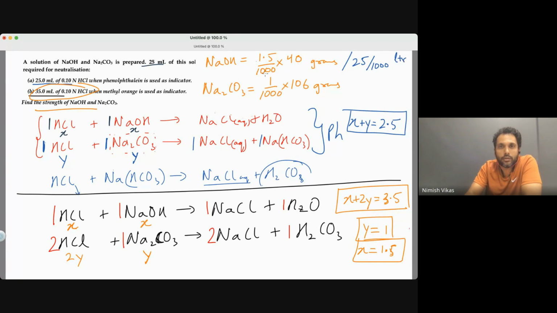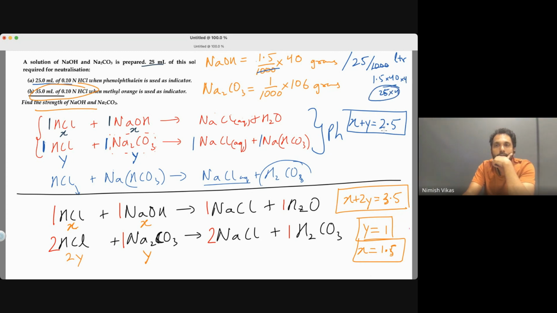So this 1000 is going to cancel with that 1000. That is your calculation pretty much. 1.5 into 40 divided by 25. Whenever you see a division by 25, just multiply 4 on top and 4 on bottom. I see 25, I'm so happy. I multiply 4 here and 4 there.